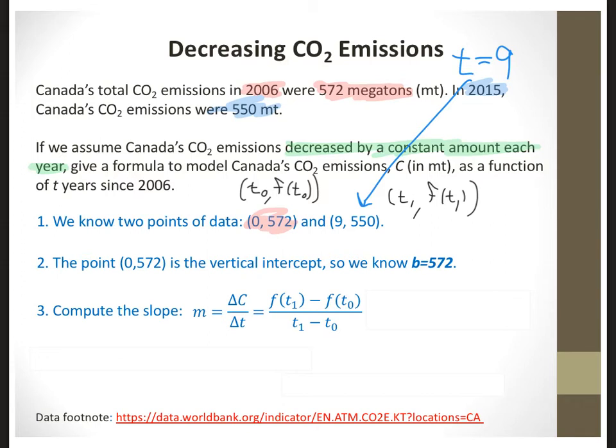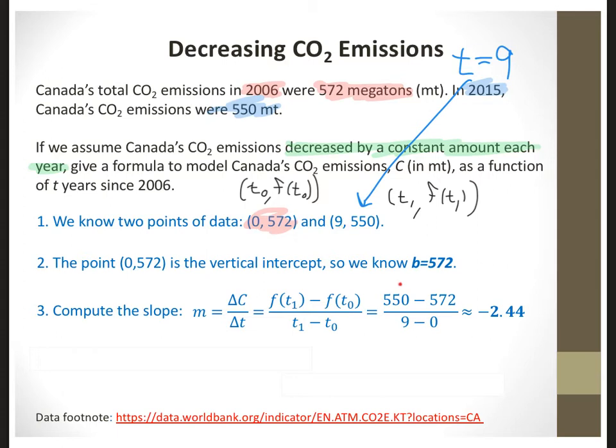So down here, when we're calculating the slope using the values that I just indicated above, we would have that f of T1, that's the 550. So that's where this comes from. The f of T0, that's the 572. And then we divide that by the change in the input. So we have the 9 minus the 0.